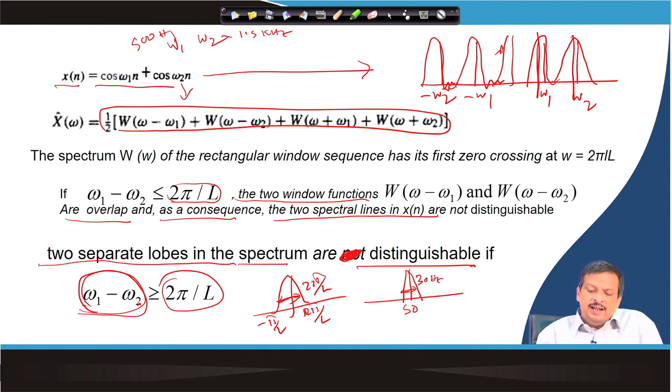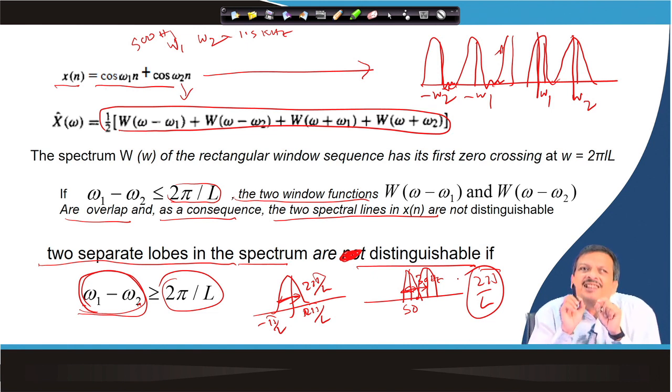So, I can say the frequency resolution, which is defined by L, is 30 hertz. Two frequencies must be separated by 30. So, I can say 2 pi by L is my resolution, and I can only distinguish those frequencies that are separable by 2 pi by L. If there exist two frequencies within 2 pi by L, I cannot separate them. So, that is my frequency resolution.